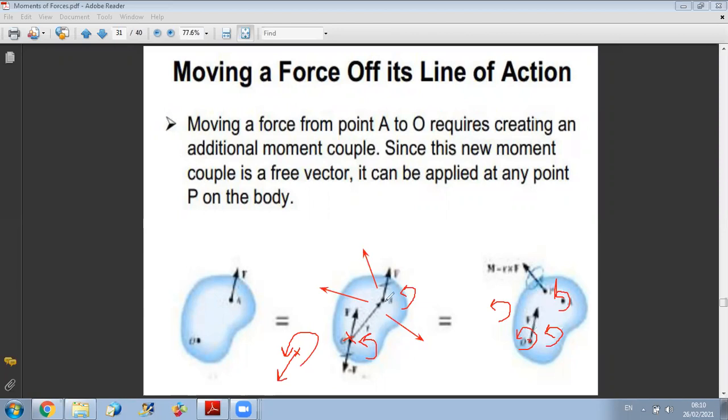The force, when displaced, we should add its moment about the point. However, if I have couples on any point of the body, I can move them without changing anything because we have seen together that the couple is a free vector and it's producing the same moment about any point in space.